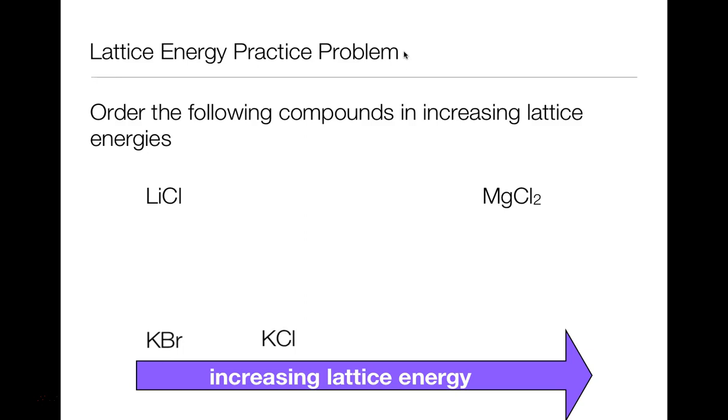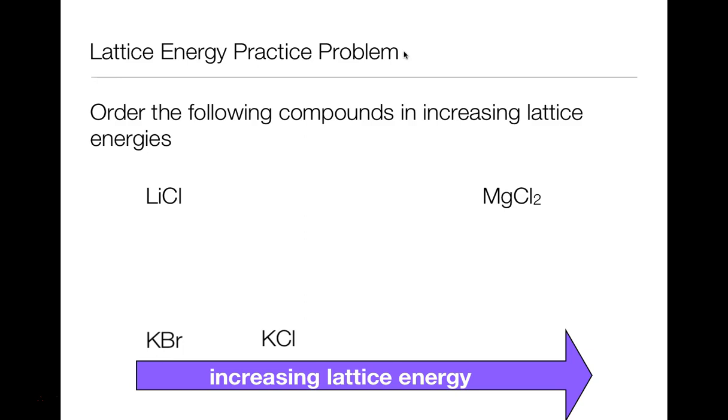So now, if we know KBr is less than KCl, why don't we take KCl and try comparing that directly to LiCl, mostly because K has a +1 charge, Li has a +1 charge, and both have the same -1 anion of chloride. If we look, lithium, Li, has a smaller atomic radius than potassium, K. Therefore, lithium chloride should have a larger lattice energy than KCl because they're both dealing with the same charges.